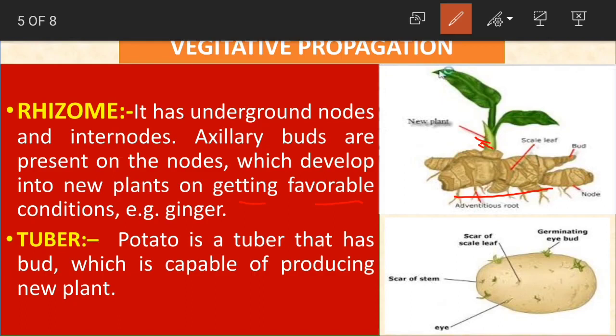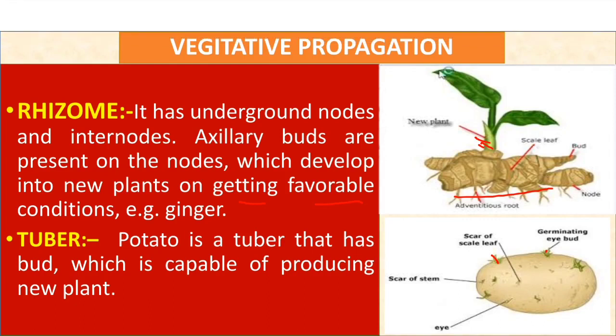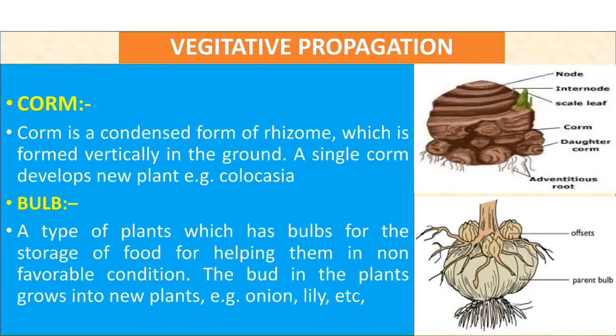Okay, and tuber. Tuber here, for example, our potato. Potato is a tuber, and that has got buds. See the green color here in the picture if you can observe. These are buds, and these are capable of producing a new plant. Clear, children? Now, about corm. What is corm? Corm is a condensed form of rhizome.